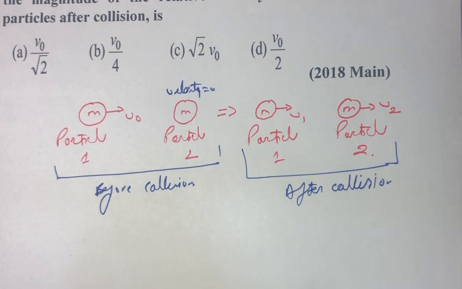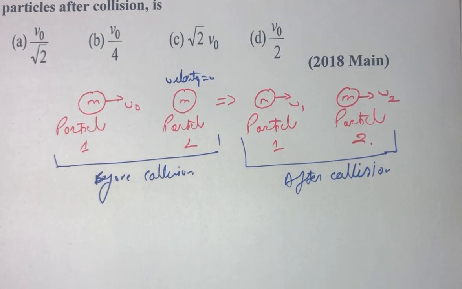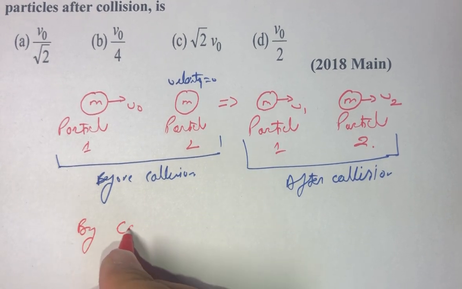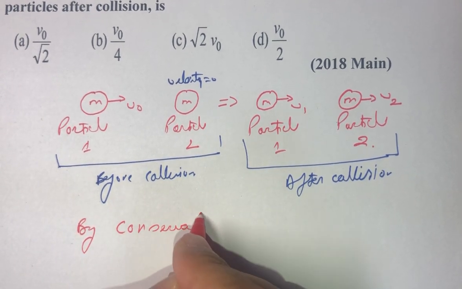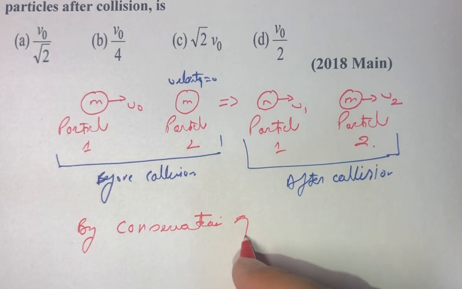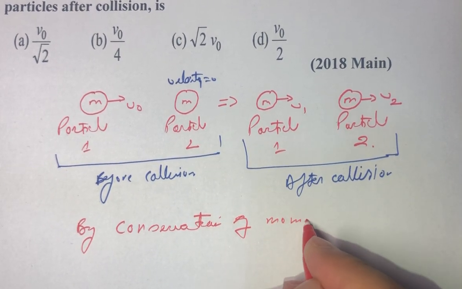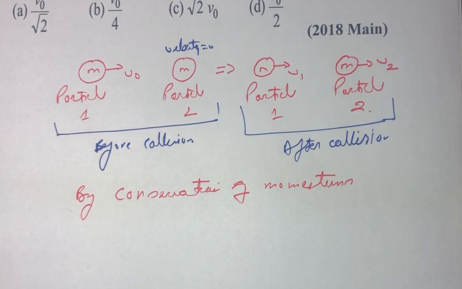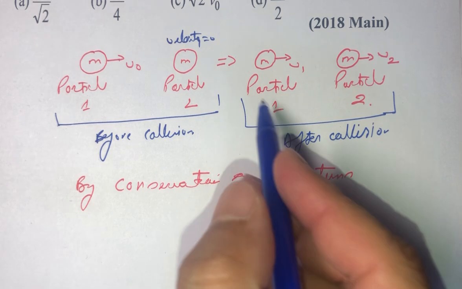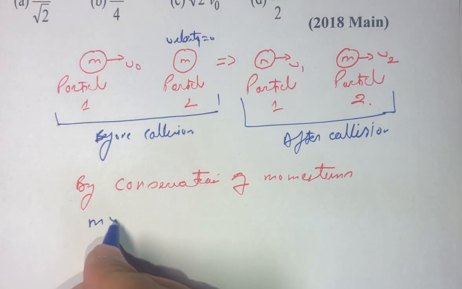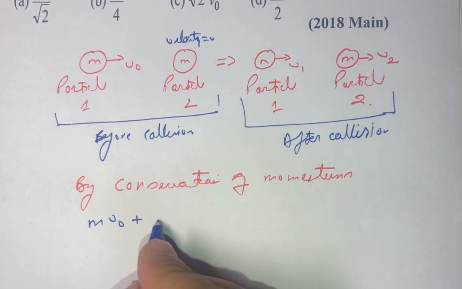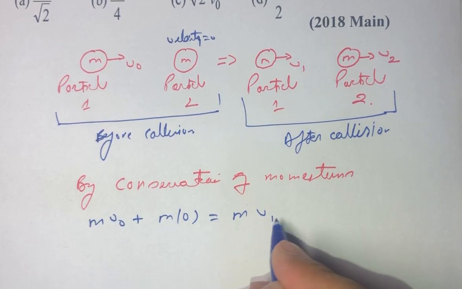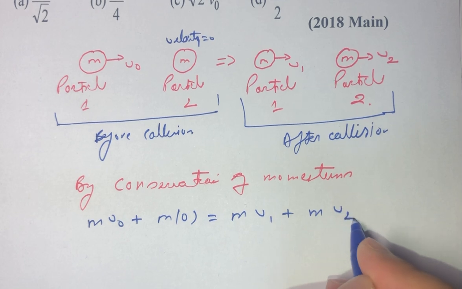So we can use conservation of momentum. By conservation of momentum, momentum before collision, that is m v0 plus m multiplied by 0 will be equal to m v1 plus m v2.